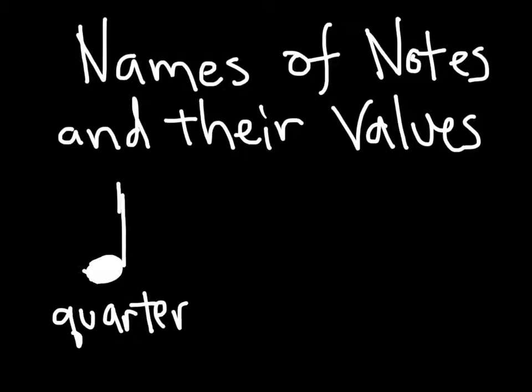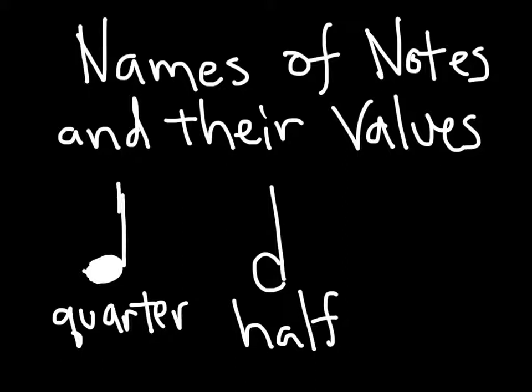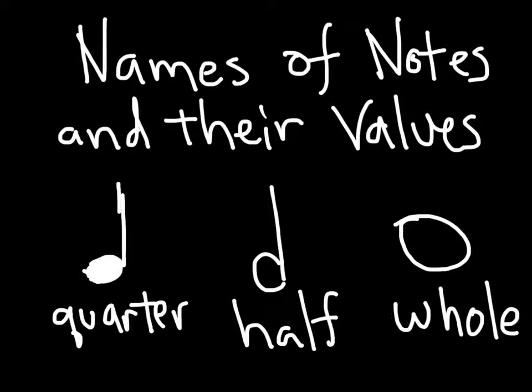Our second note that we're going to learn is an open note head with a stem attached, and that is called a half note. Our last note that we're going to learn about today is just a large open oval, and the name of this note is called a whole note. There's no stem attached to the whole note.